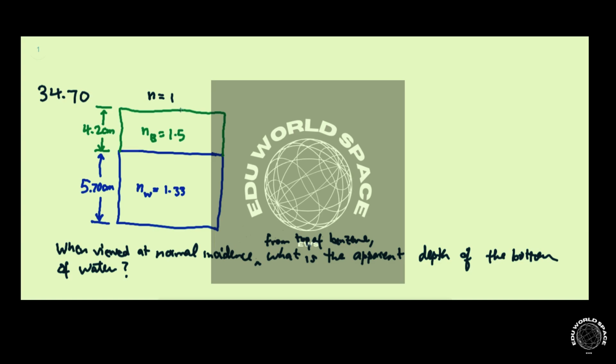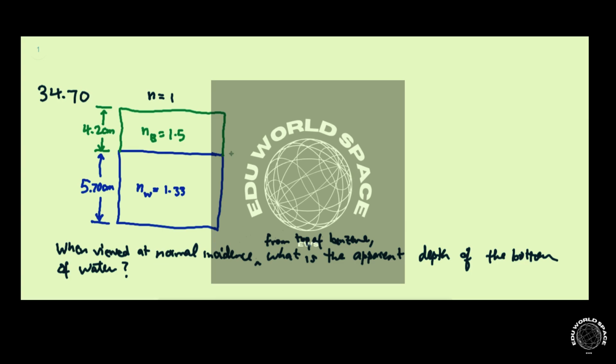And then when you look at the top layer, that image is going to be the new object, so then you get a second image. So the image from the benzene-water interface will be the object for the benzene-air interface, and that will form a new image.